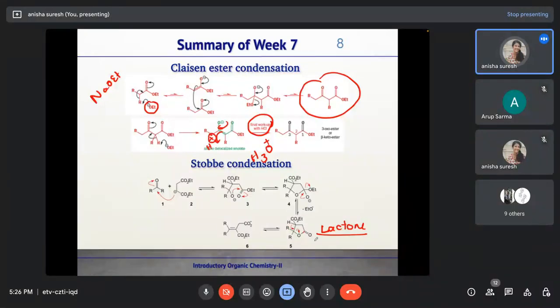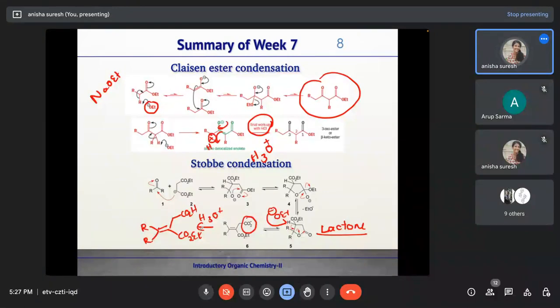Cyclic esters are known as lactones. Now what will happen? Again a base like OEt will be present in the medium. It can abstract this proton and the ring will open up. So now we will have a CO2 minus and OEt. Now if we do workup, it will give rise to R2C=C(CO2H)CO2Et.